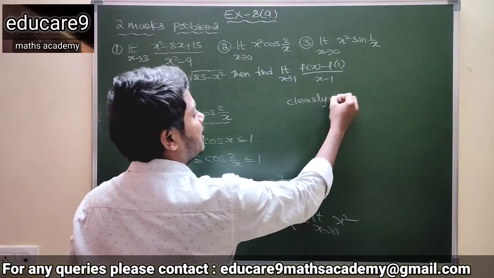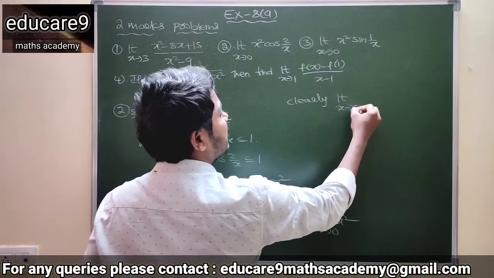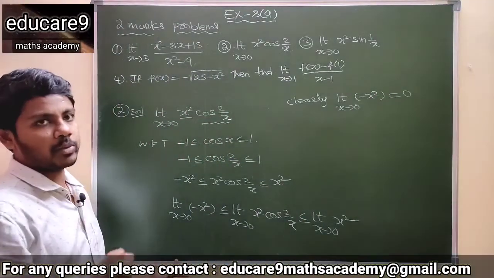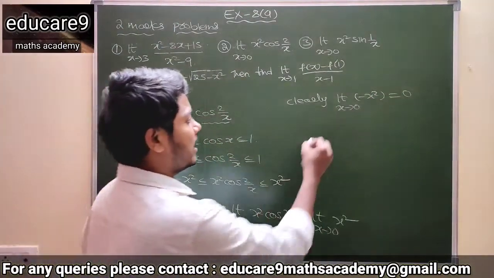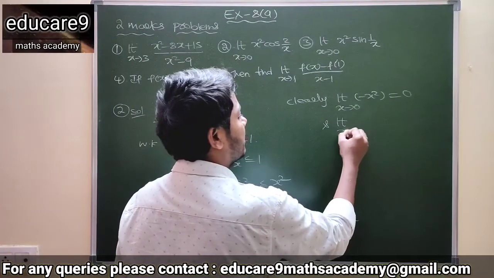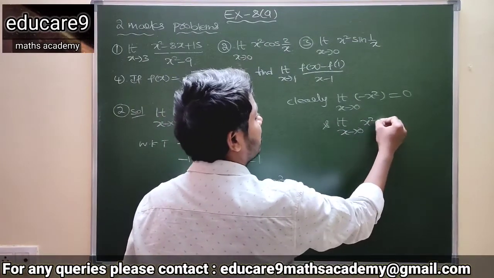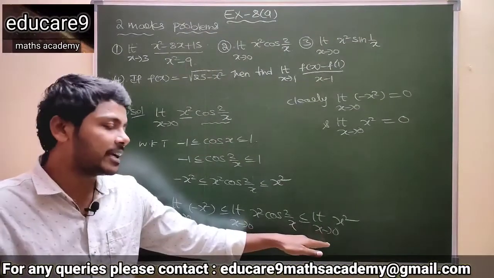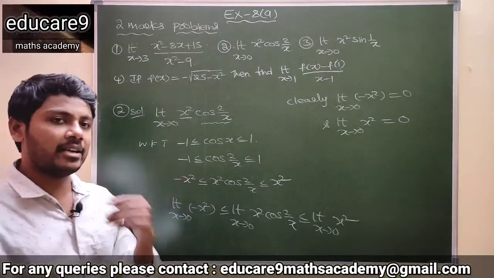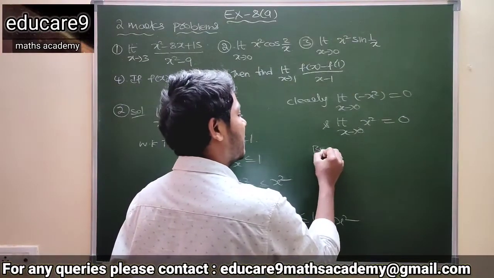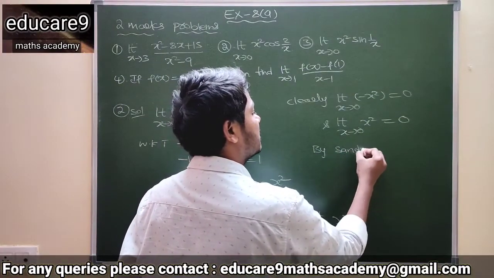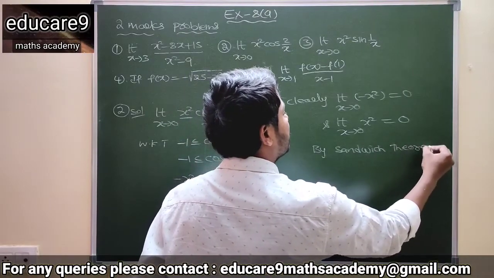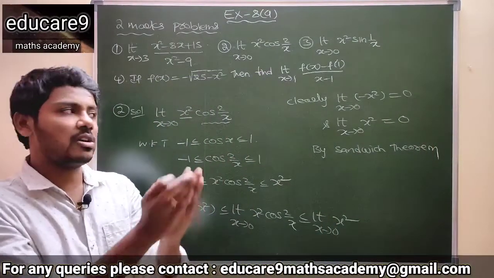Clearly, limit x tends to 0 of minus x square is 0, and limit x tends to 0 of x square is also 0. The left hand side value is 0 and the right hand side value is 0, so by the sandwich theorem the middle value is also 0.